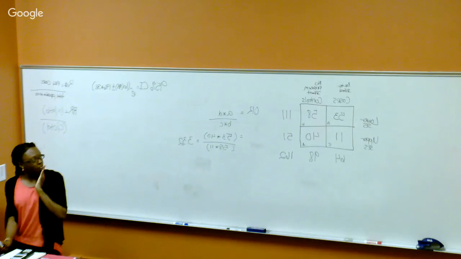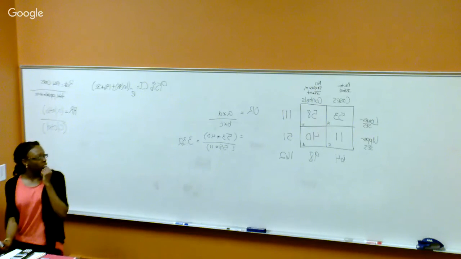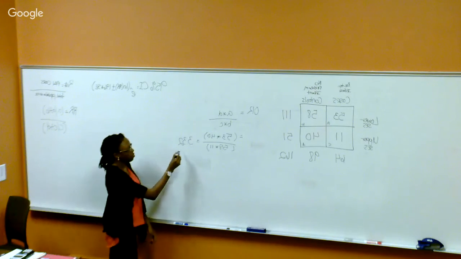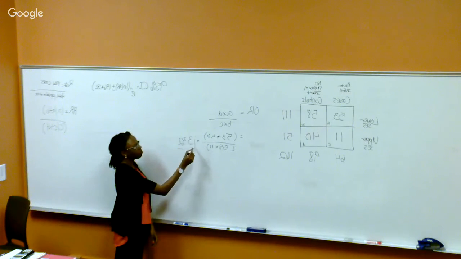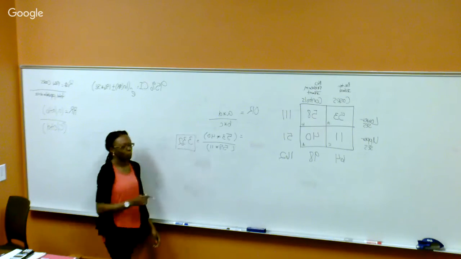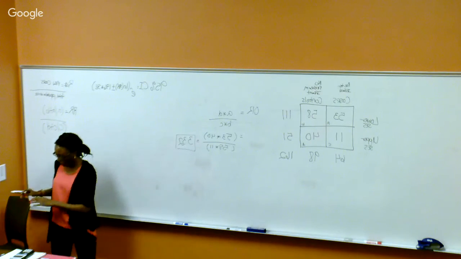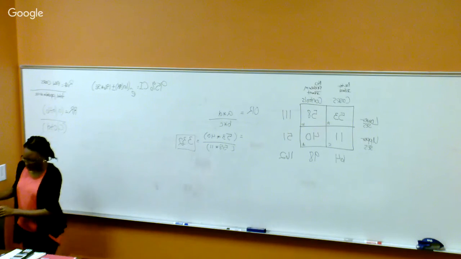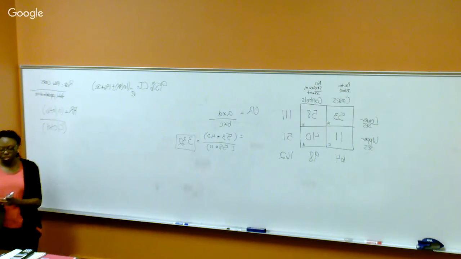All right, so we have our odds ratio. So how do we interpret this? It's 3.32. It's going to be similar to how we interpreted the relative risk, but slightly different.